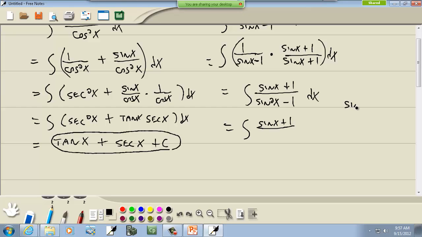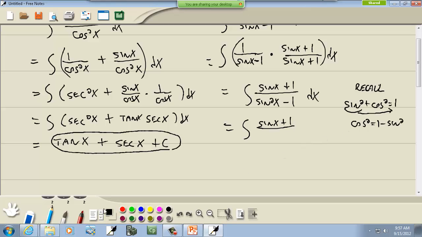Remember, we had sine squared plus cosine squared is equal to 1. If I take the sine squared to the right side, we get cosine squared is equal to 1 minus sine squared.